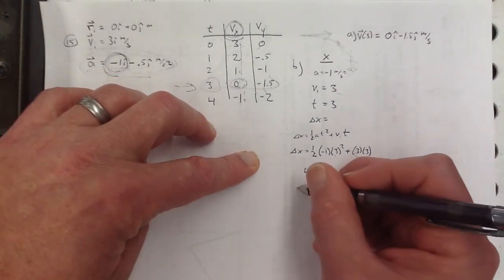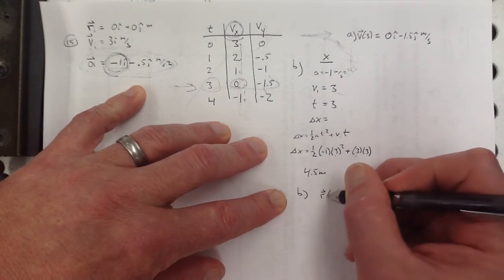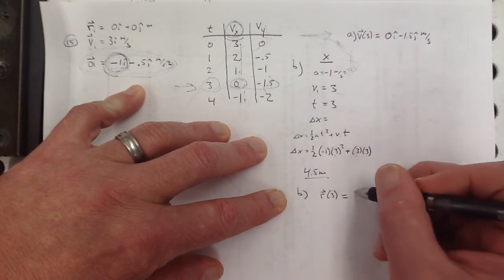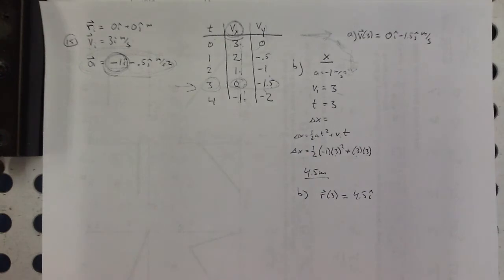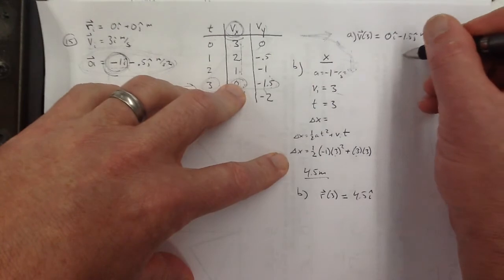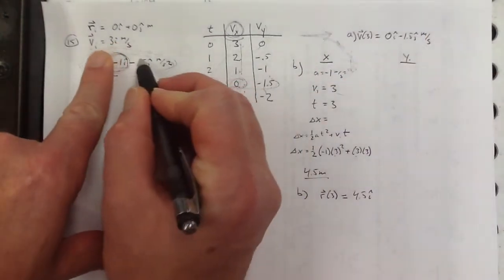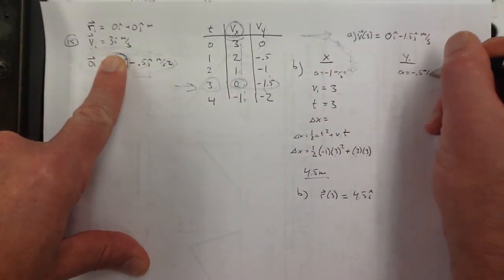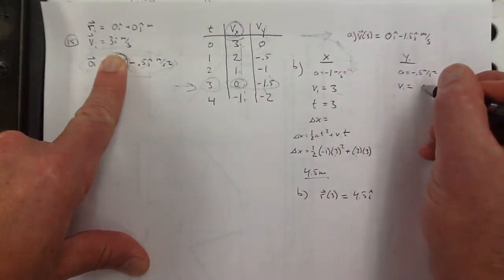So that is the position. If we're looking for what's the position at time 3, then 4.5 i is going to be the horizontal component, and then to find the vertical component, I'm going to do the same thing. But in the y direction, the acceleration is negative 0.5, constant. The initial velocity in the y direction is 0.